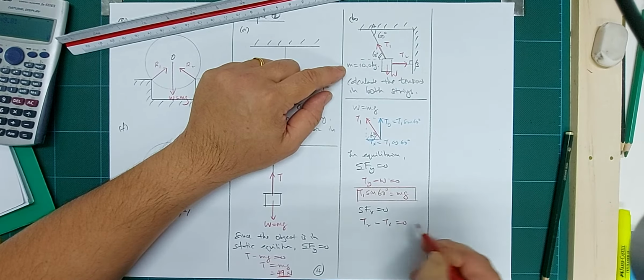The wooden plank is PQ. Given that the length PQ is 10 meter long, and the mass of PQ is 80 kilogram. So there is a mass.